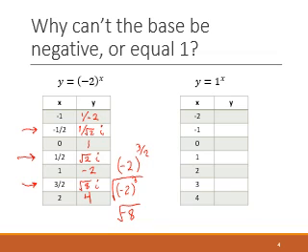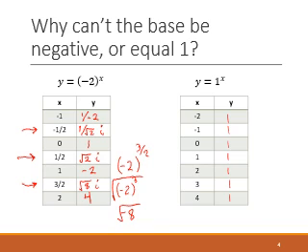As far as why the base can't equal 1, it's a little bit of a different situation there. 1 to the first power is 1, and so is 1 squared and 1 cubed. And if you play around with this very quickly, you're going to see that the y value is always 1.